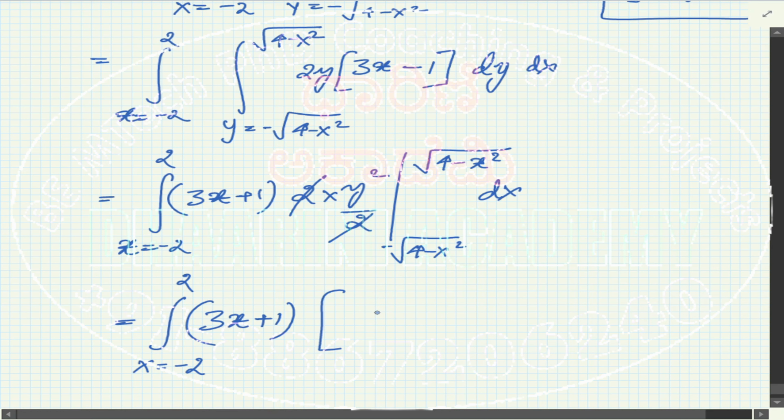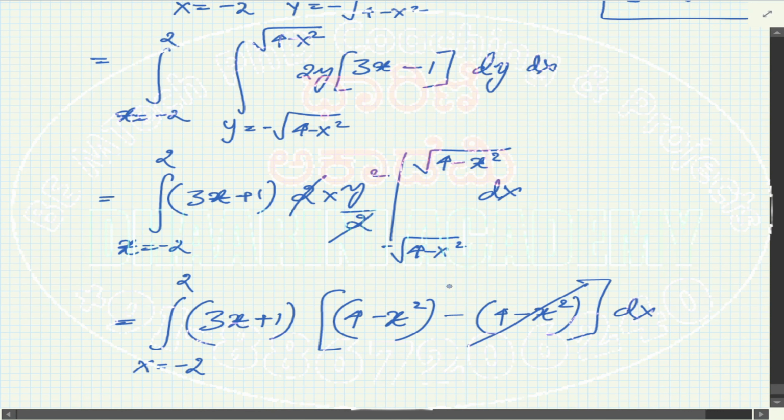So this is equal to the integral, x equal to -2 to +2, of 3x plus 1 into y whole square. The first term should be 4 minus x square. After substitution, y square is this, minus, so y is minus of this, but the square becomes the same, right? So 4 minus x square into dx. Now you see that this term cancels, the whole integral is 0.